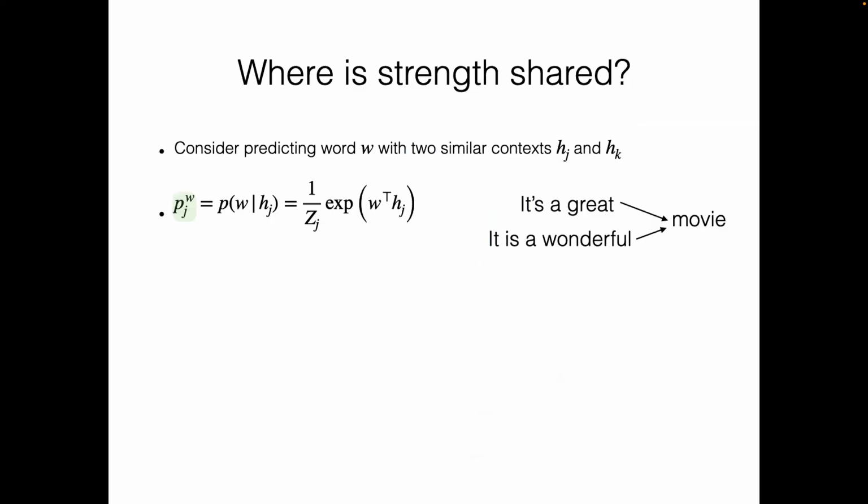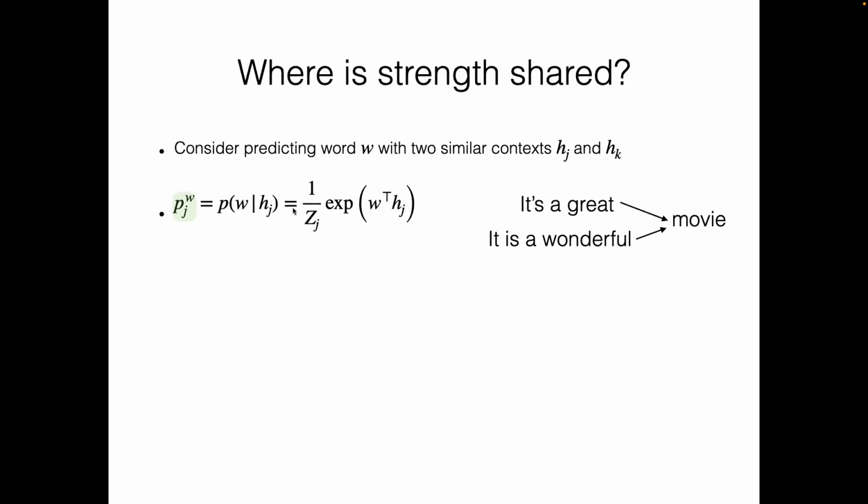You could have this really simple model and convince yourself that it's possible for these different contexts to be encouraged to be similar to each other. So let me go through this quickly just due to the time. Here we have this word movie, and let's say in our training data set there are these two different contexts that occur: it's a great movie, it's a wonderful movie.